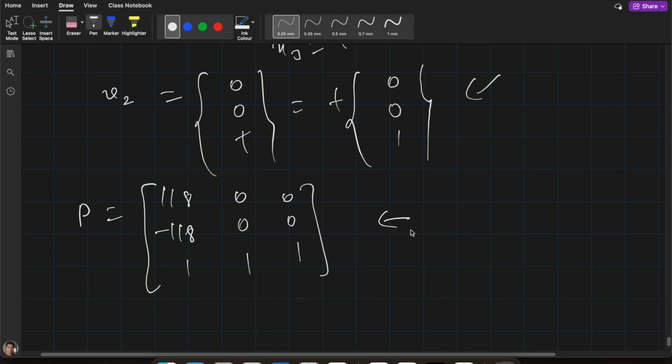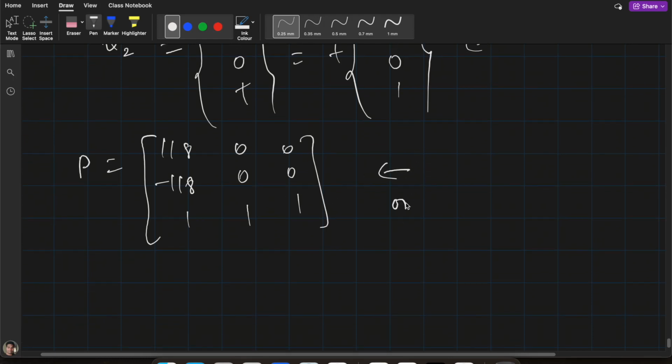Is it singular, or does P inverse exist for this?